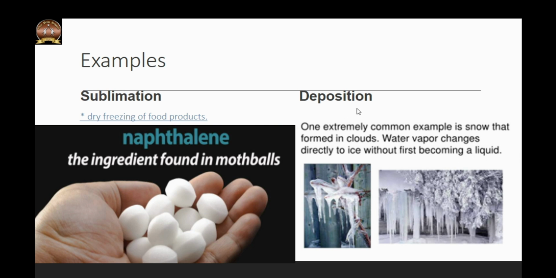So deposition or reverse sublimation is the reverse process of sublimation in which a phase change occurs from the gaseous state directly to the solid state without undergoing an intermediate liquid state.